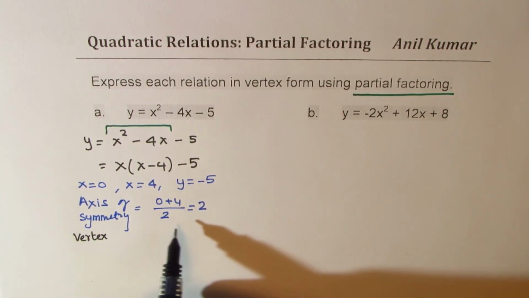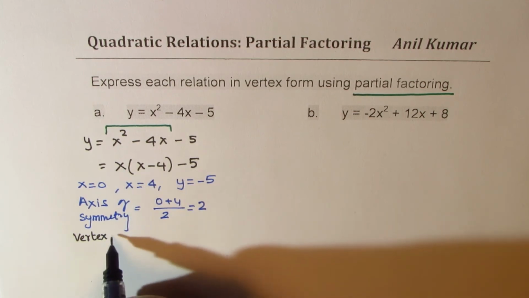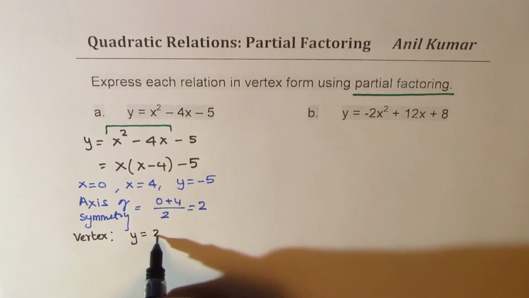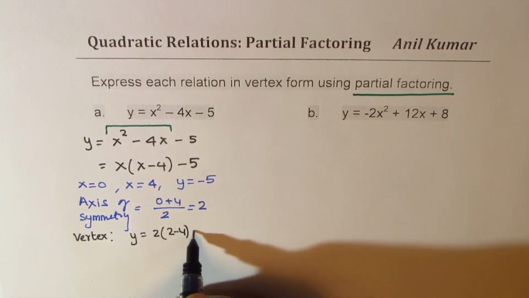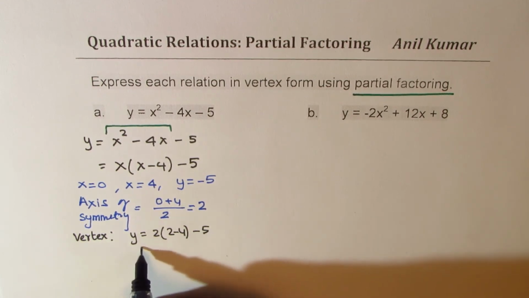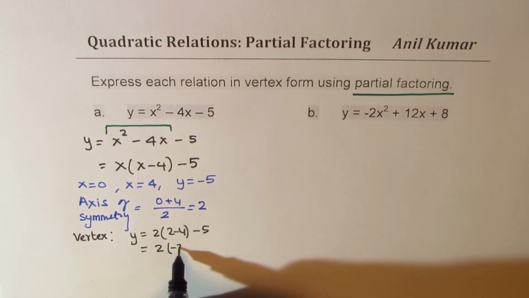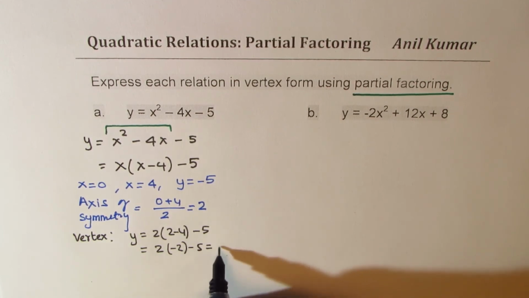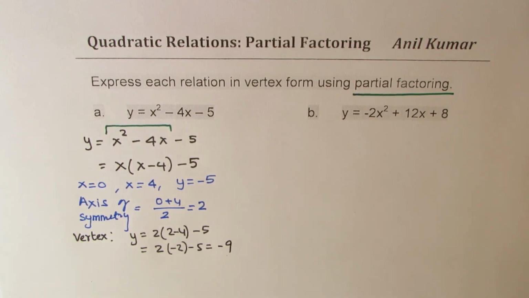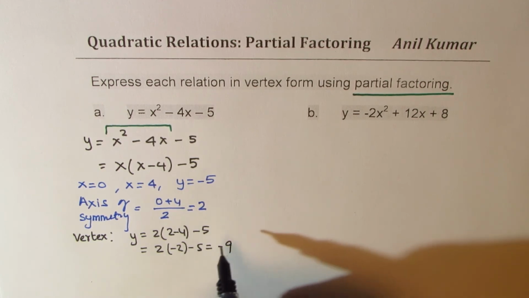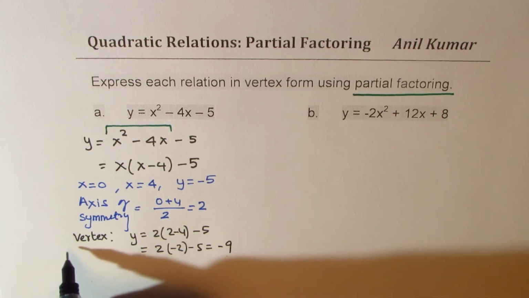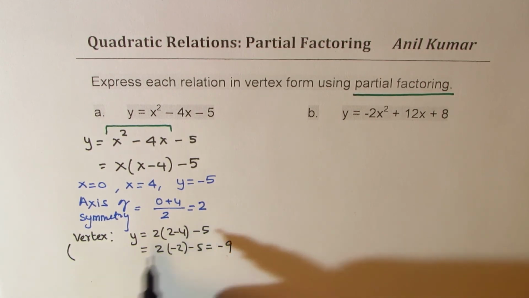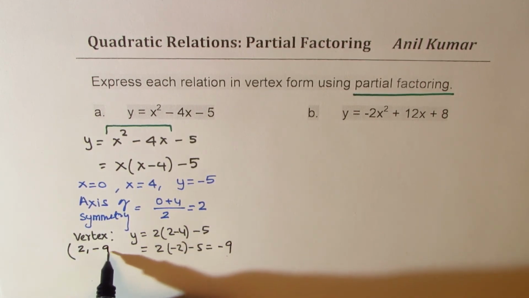So from here we can find the vertex. To find the vertex, I'll substitute 2 in the equation. So I get y equals 2 times (2 minus 4) minus 5. And that gives you 2 times minus 2 minus 5, which is minus 4 minus 5, that is minus 9. So we get our vertex y value as minus 9 at x equals 2, so the coordinates of the vertex are 2 and minus 9.